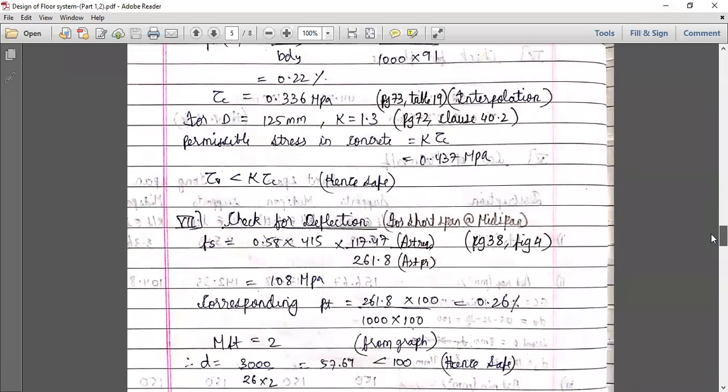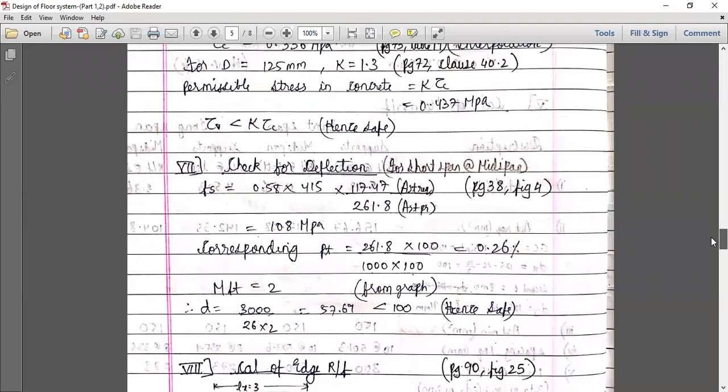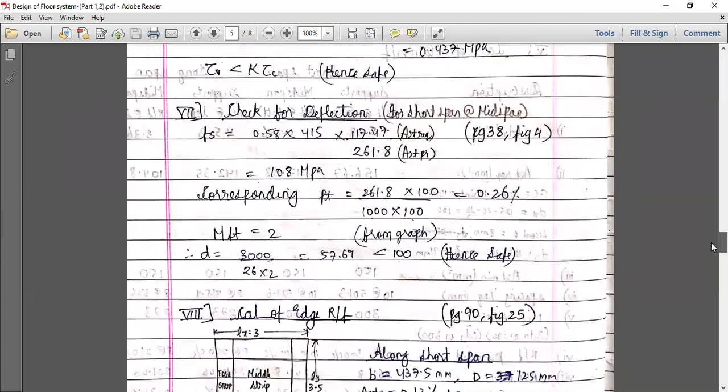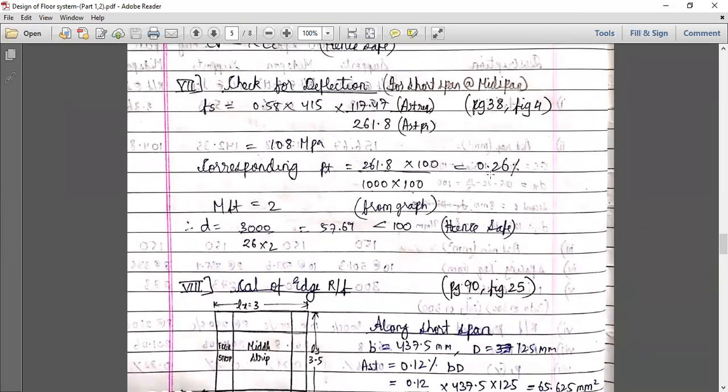So that is what we have taken as AST provided. This comes out to be 108 Fs, the stress in steel. Corresponding pt is nothing but AST upon bd into 100. So this is the percentage, 0.26.